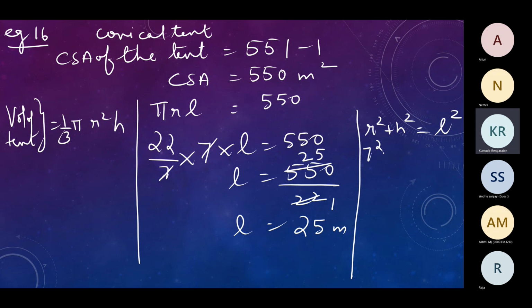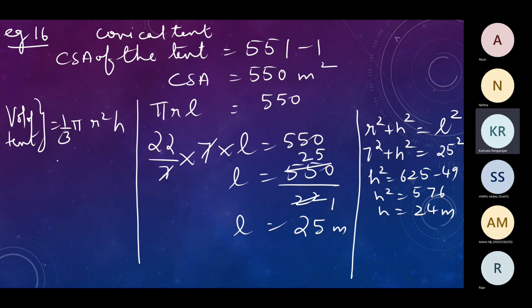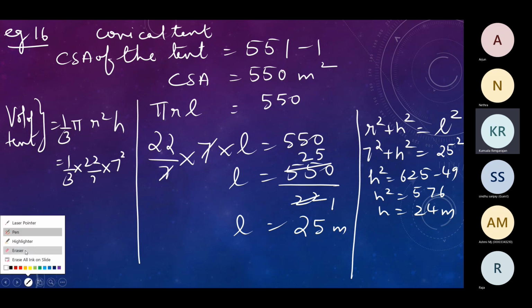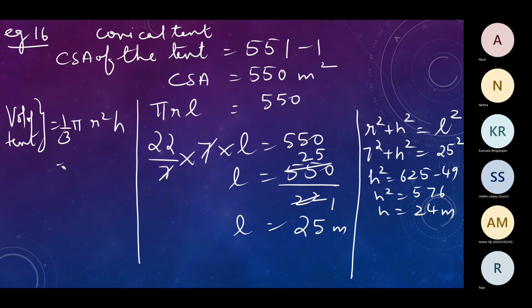So r square is 7 square plus h square is equal to 25 square. So h square is equal to 625 minus 49. h square is equal to 576. h is equal to 24 meters. So 1 by 3 into 22 by 7 into 7 square into h, which is 24.